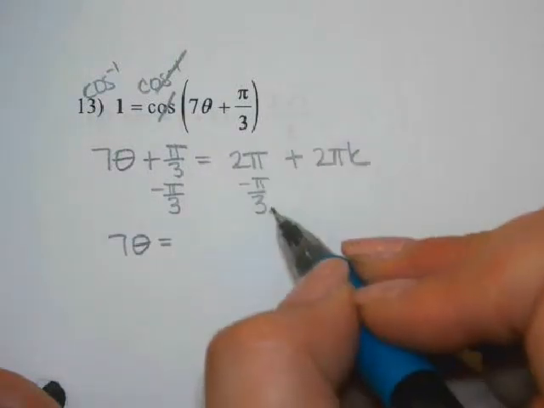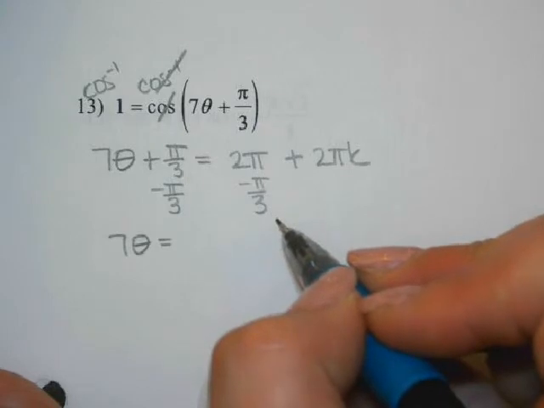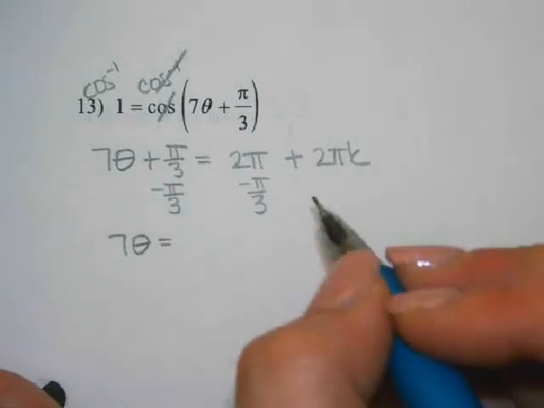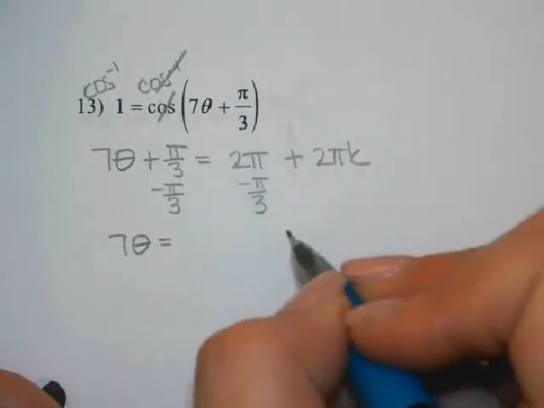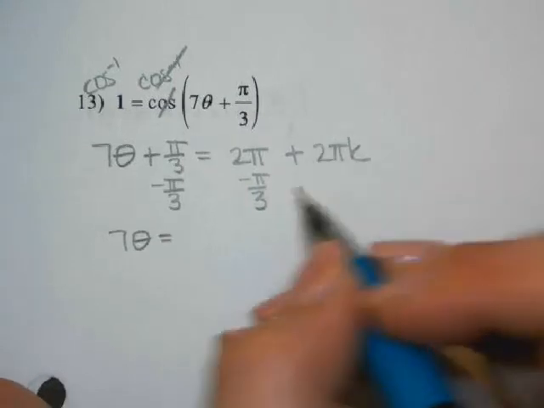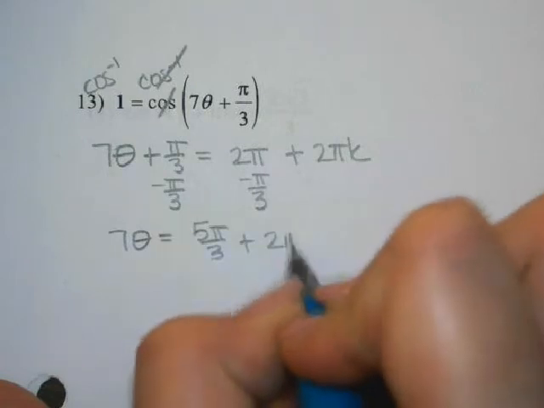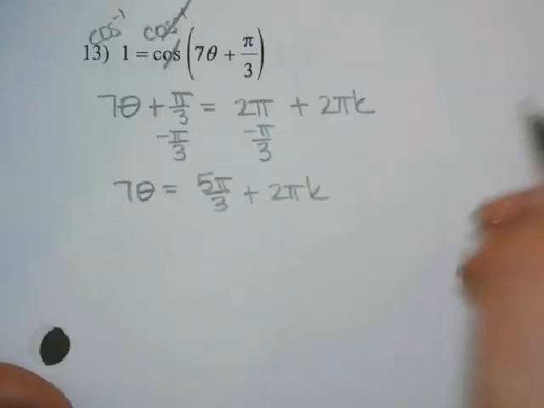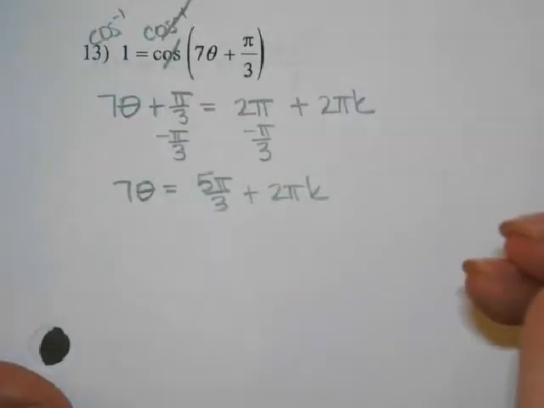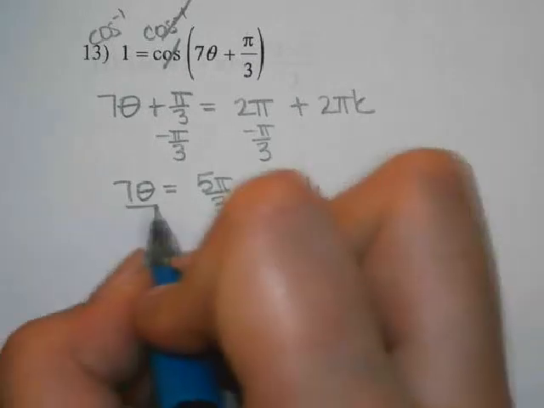If you do 2 pi and you subtract pi thirds, what do you get? Two pi minus 1/3, or 6/3 minus 1/3. 5 pi thirds plus 2 pi k. All right, and then what do we do? Divide by 7.